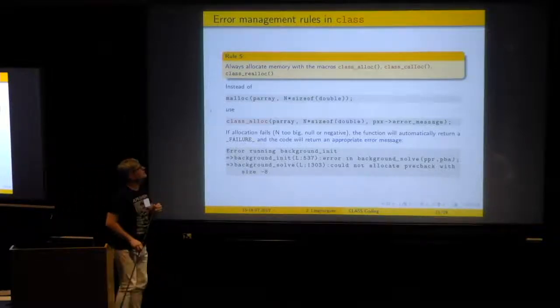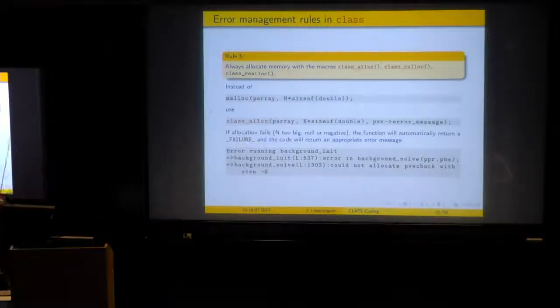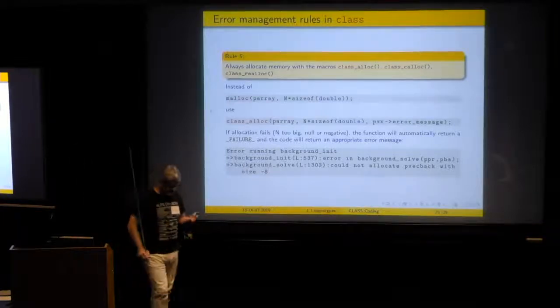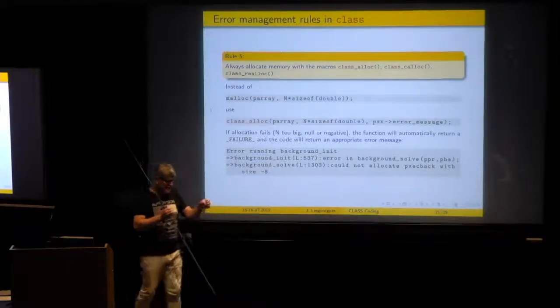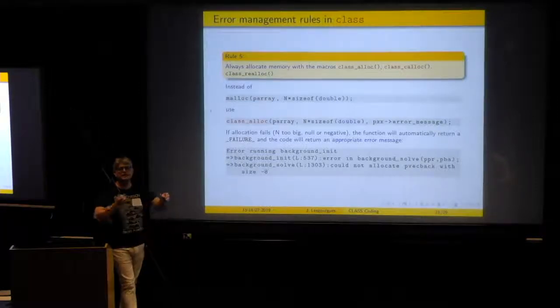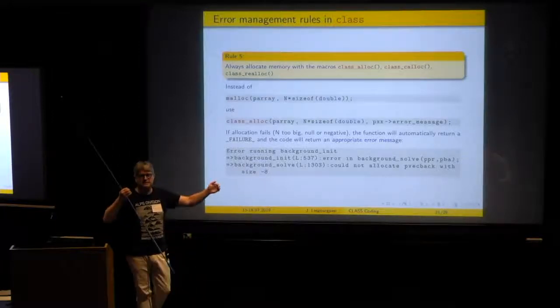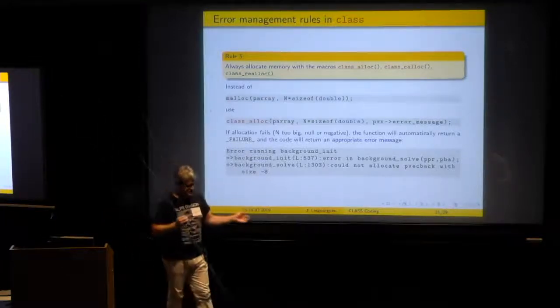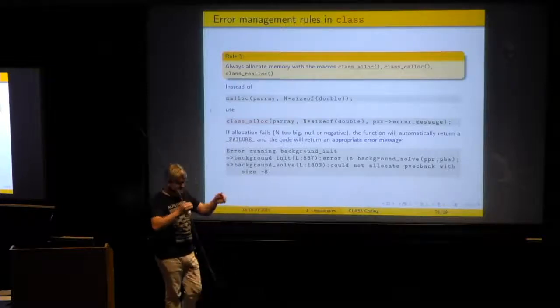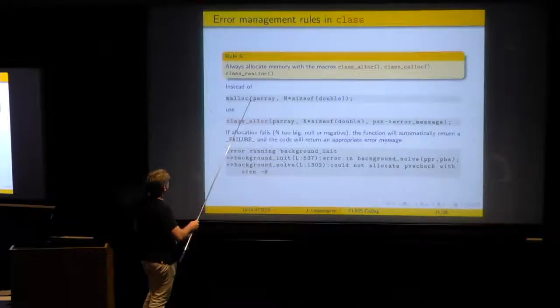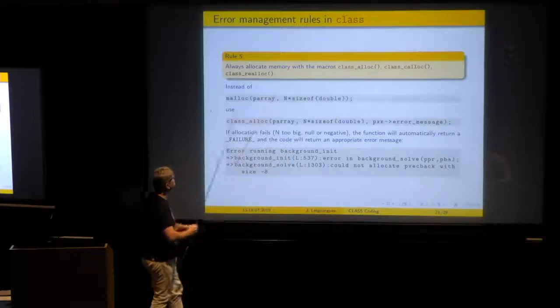Rule 5, when you allocate memory, you should also use our macros. We allocate a lot of variables in class because we always want our arrays to have the minimum required size and not make a guess of what could be the maximum size of an array and declare it in this form. So all our arrays usually are declared dynamically exactly at the size we need. Usually this is done in C with a malloc memory alloc command, in which you pass a pointer and the size of the region you want to alloc.